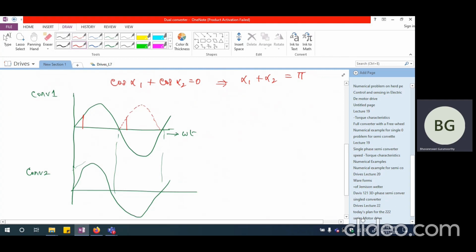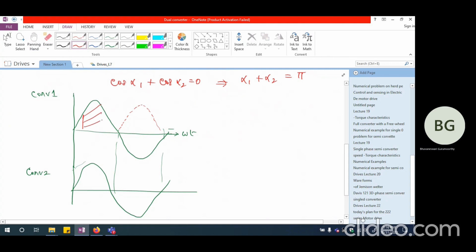So if I assume continuous conduction, I'm going to have the voltage such that, oh, the entire thing is erased. So I'm going to just draw this once again. I'm going to have this entire thing coming up here. And this is 30 degrees, pi plus 30 degrees.